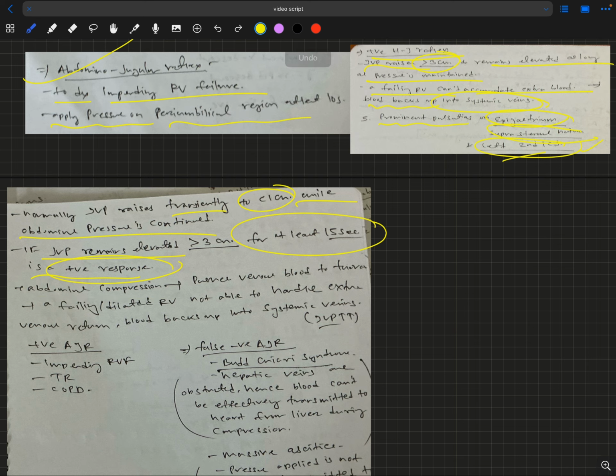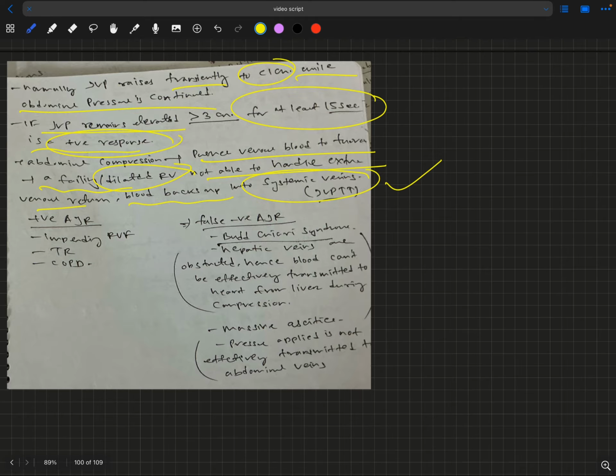Abdominal compression pushes the venous blood through the IVC towards the right side of the heart. A failing or dilated right ventricle is not able to handle the extra venous return, so blood backs up into the systemic veins, leading to a rise in JVP.